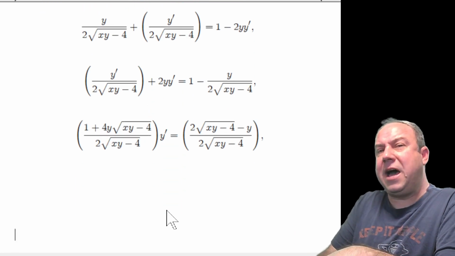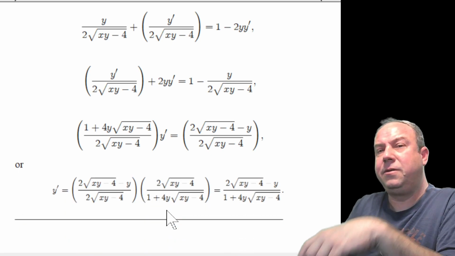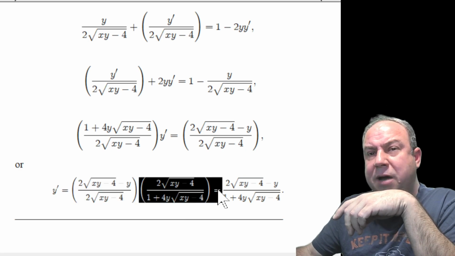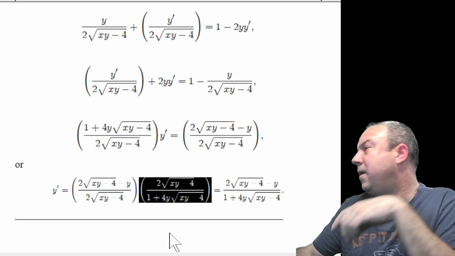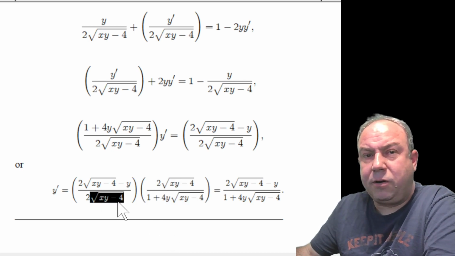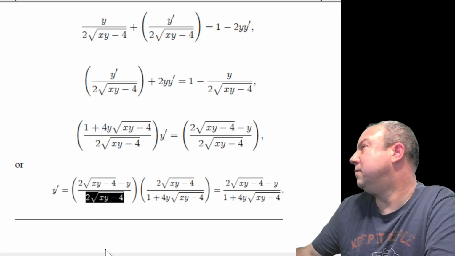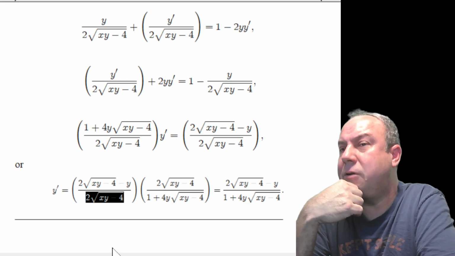So when I do that, I'll isolate the y prime on the left, and on the right, I'll have that factor multiplied by the reciprocal of that factor on the left. And you'll notice in that reciprocal, these two quantities cancel. The 2 times the square root of xy minus 4 is a common factor.